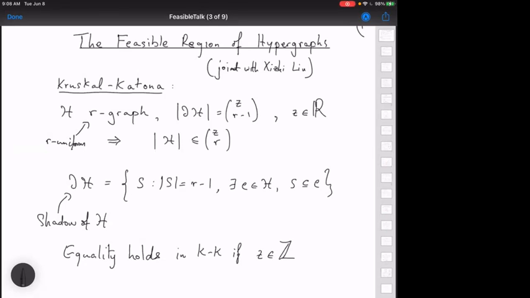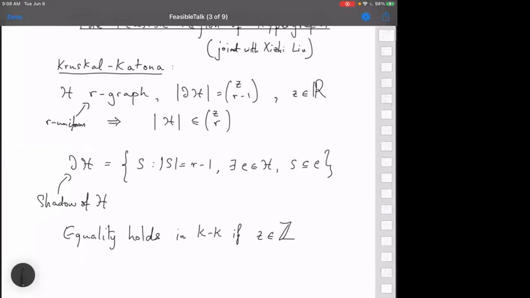Sometimes we see this in contrapositive form: if you have z choose r edges, the size of the shadow is at least z choose r-1. And equality holds in this case if z is an integer, when you can just take all r-element sets. Then you have equality for both these parameters.